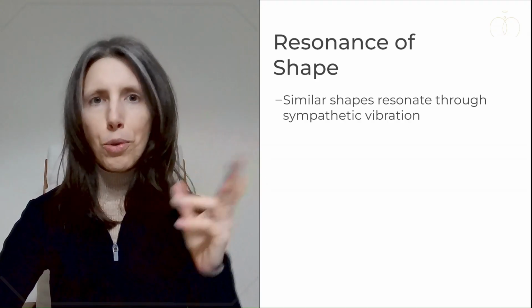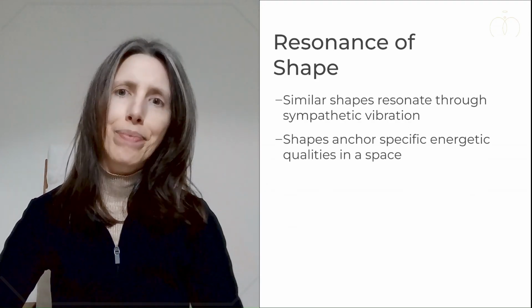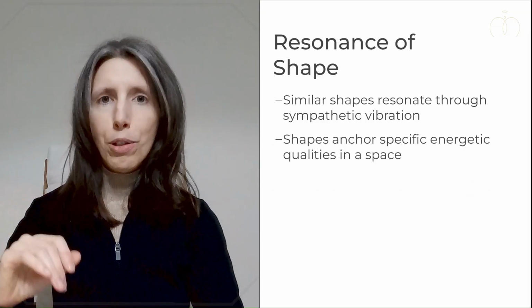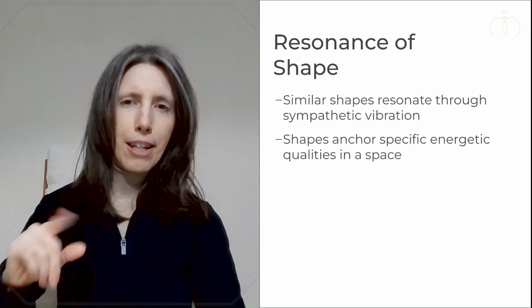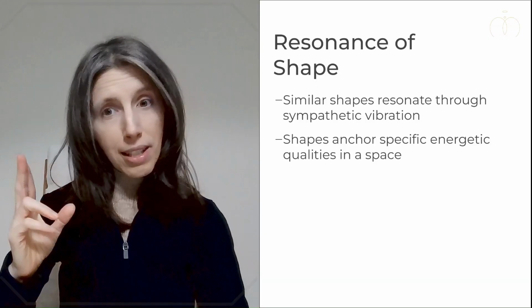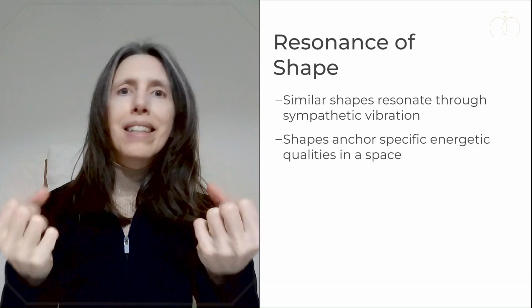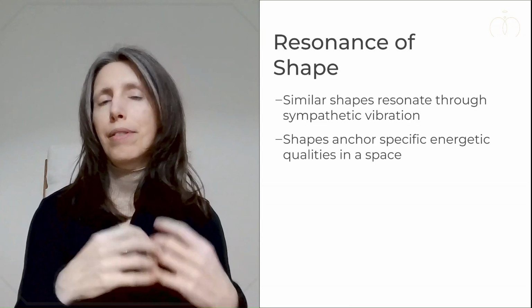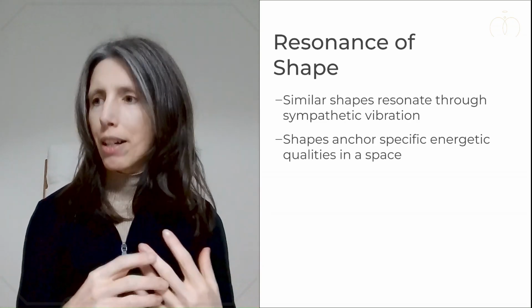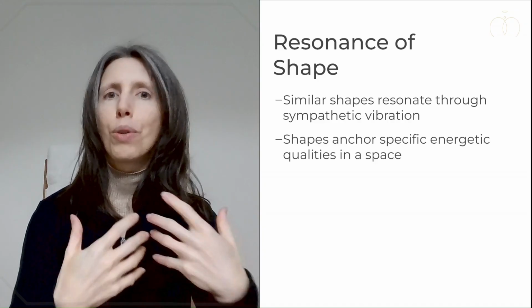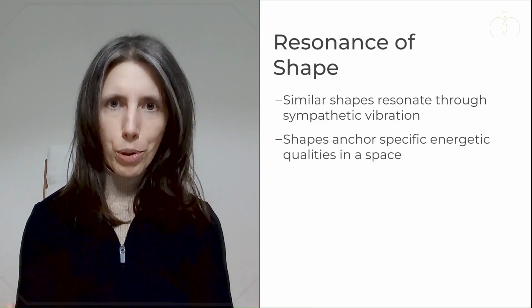direct contact. And shapes also anchor specific energy qualities or states in a space, because they are a crystallization of something, for example, a statue with a certain emotional expression.